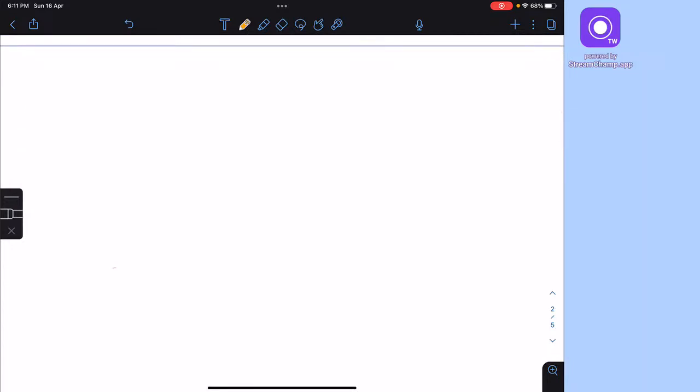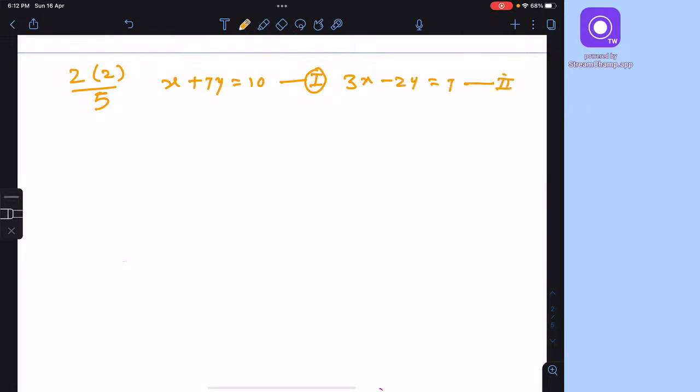Say for example, if we are doing question number 2, sub question number 2 on your text page 5. This is x plus 7y is equal to 10, your equation number 1, and 3x minus 2y is equal to 7, your equation number 2.